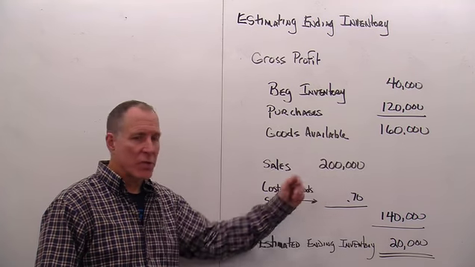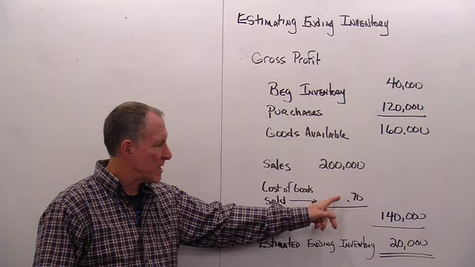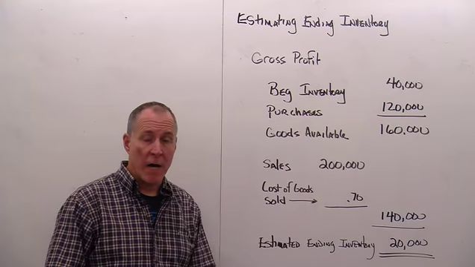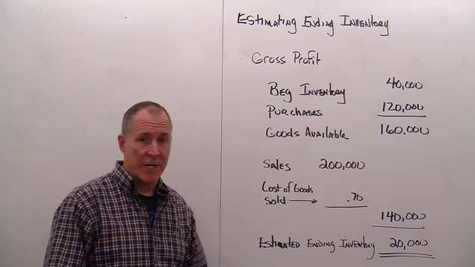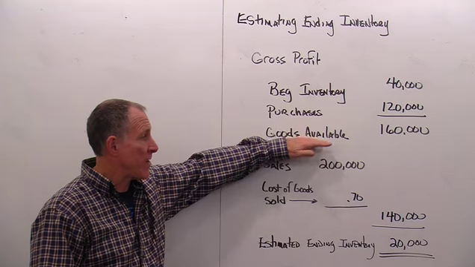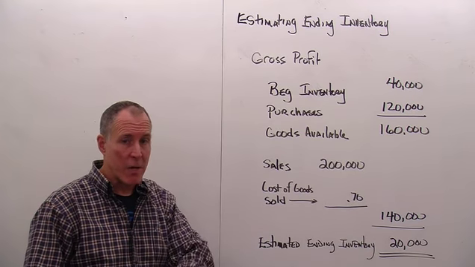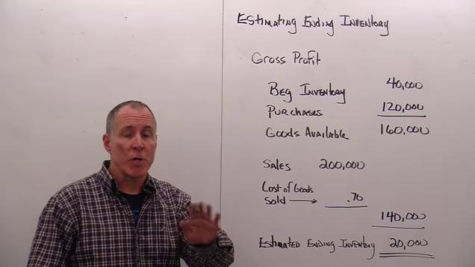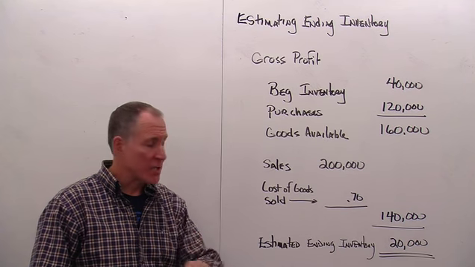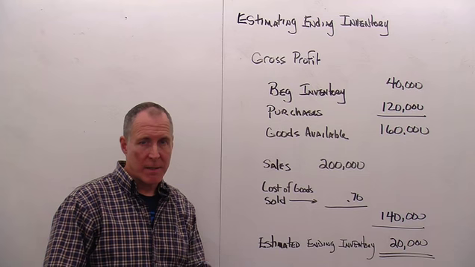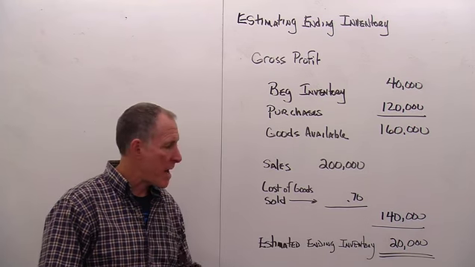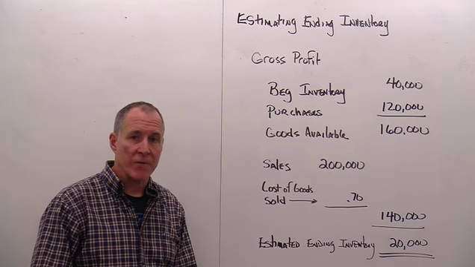So I've got to convert the 200 to cost of goods sold. Take 70% times the 200, and the cost of goods sold of the units that I sold is 140. Now I've got 160 that's available for sale. What I sold was 200,000 at the retail price, but the cost of those items was 140. So if I've got 160 and I sold 140, I have left 20,000.